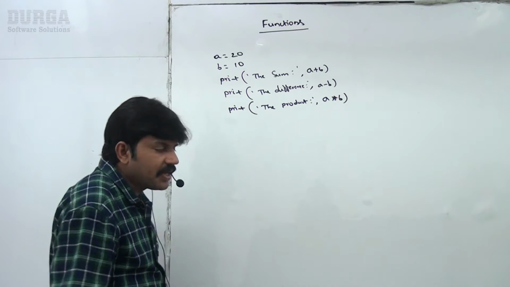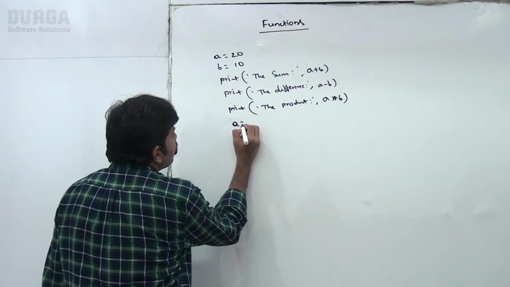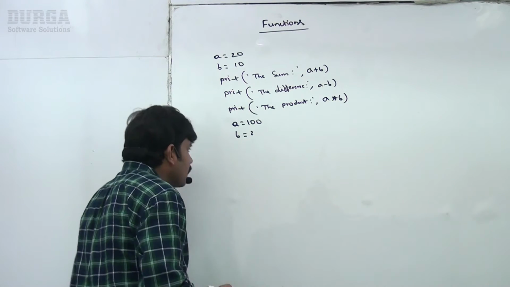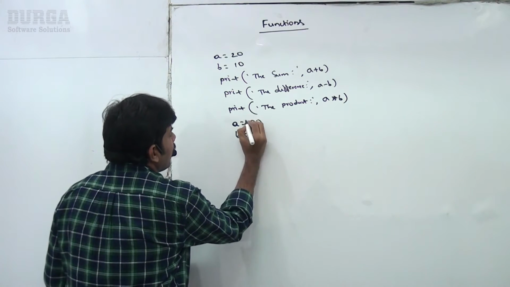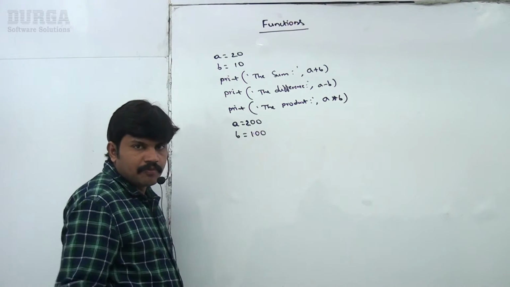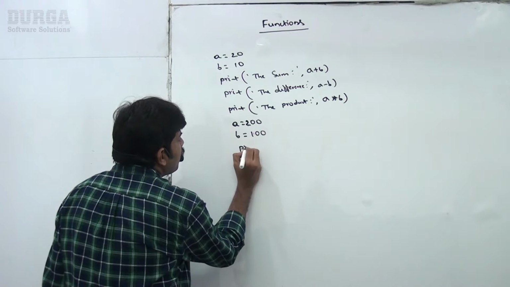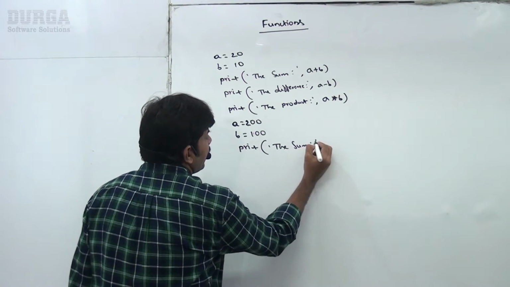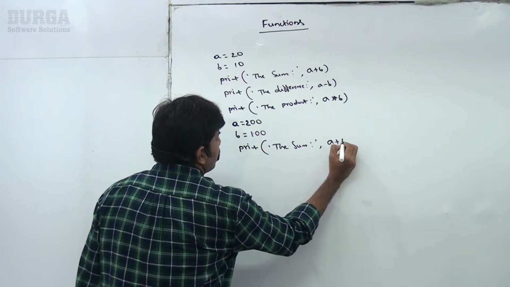After some time, my requirement is a is equal to 200, b is equal to 100. Print again the sum, a plus b.